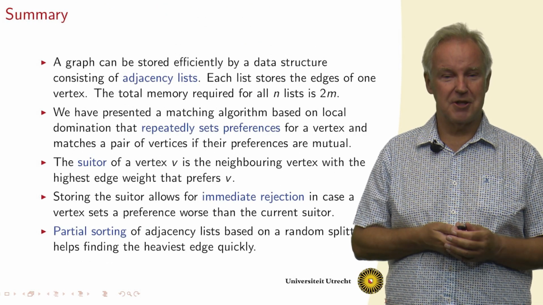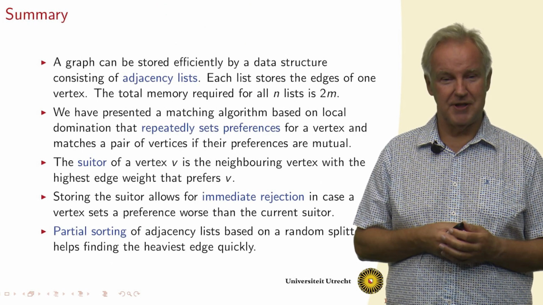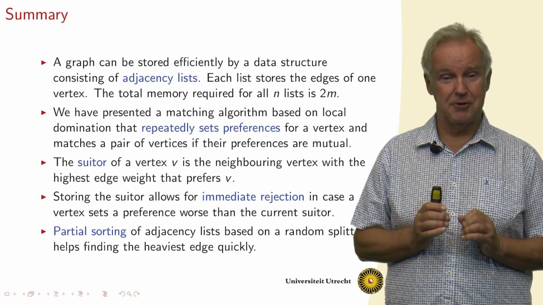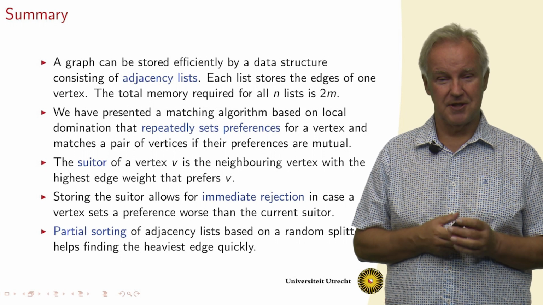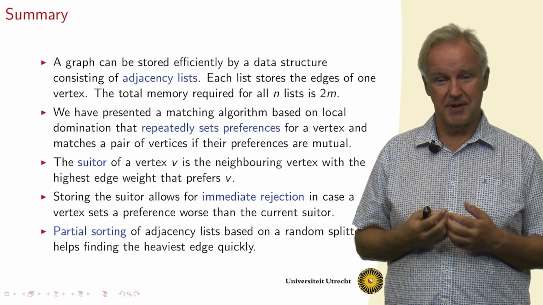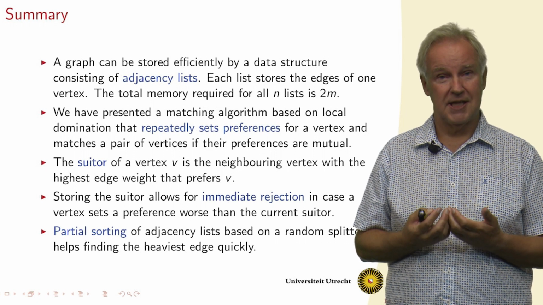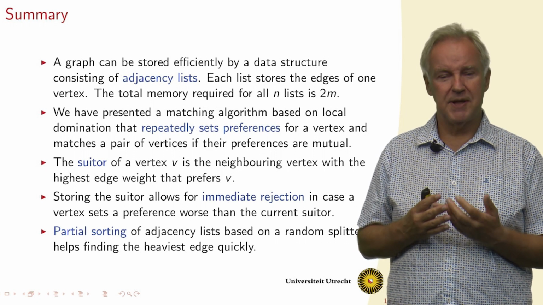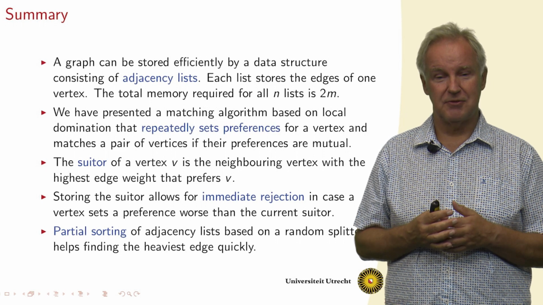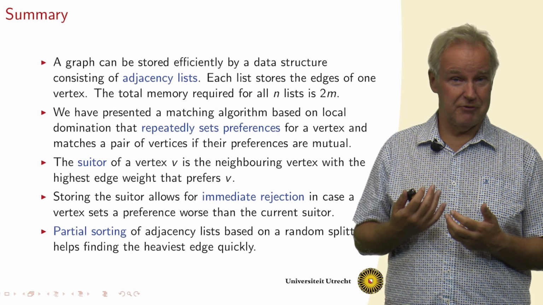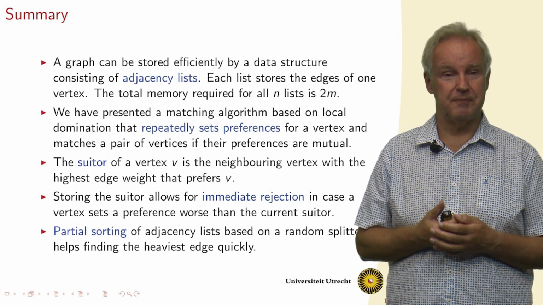Okay, so let's summarize what we've learned in this video. You can store a graph efficiently using adjacency lists. And the algorithm that we get is based on local domination, and that means we repeatedly set preferences for a vertex. We match if the preferences are mutual.